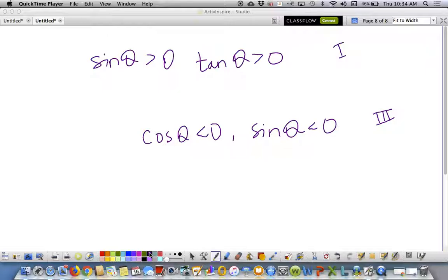Now, can we use identities? The only one that I would ask you is, so you know, sine squared theta plus cosine squared theta equals 1. So if it says use an identity, you know you're going to be using this one, other than the reciprocal identities, those are just automatic.